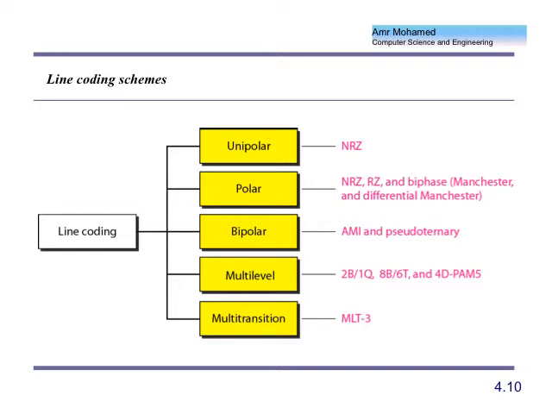Unipolar talks about when all the signal levels are 0 or above. Polar talks about the fact that the signal levels are either above 0 or below 0.